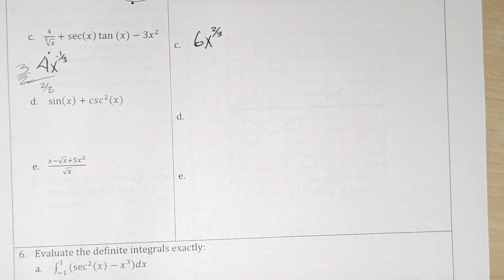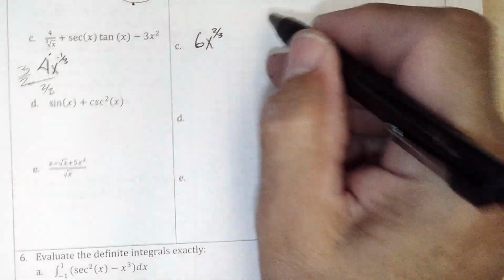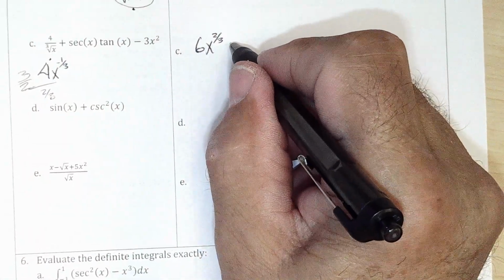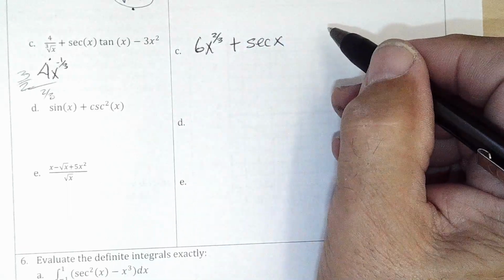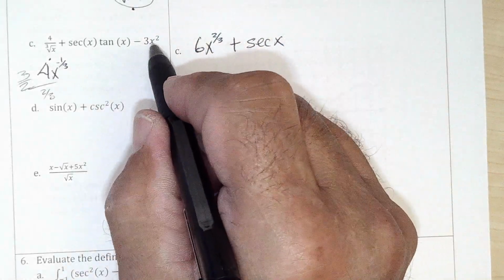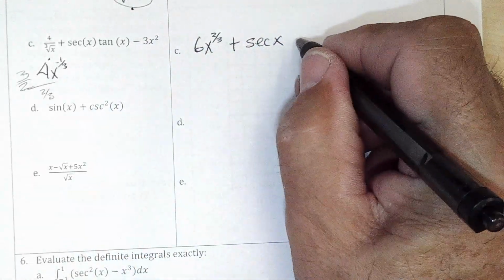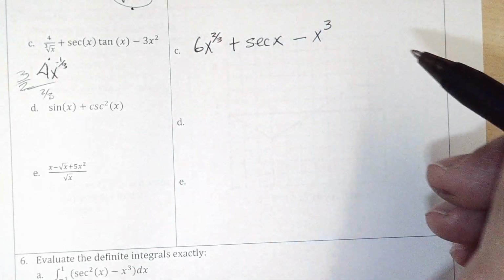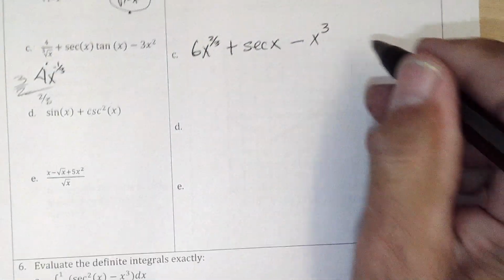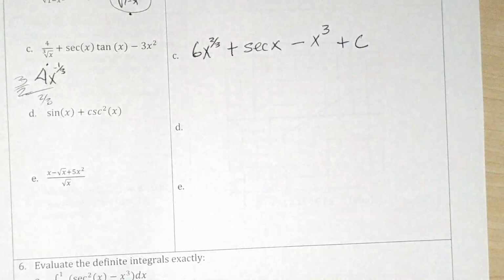That's the first one. And secant tangent is the derivative of secant. And the 3x squared is the derivative of x to the third, plus c.